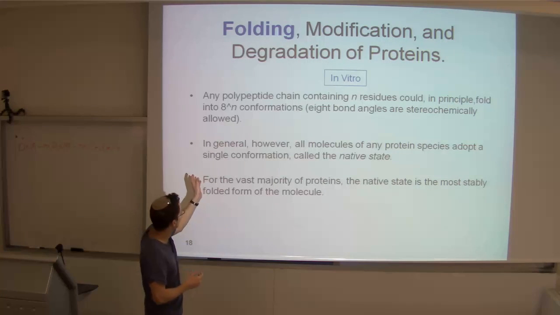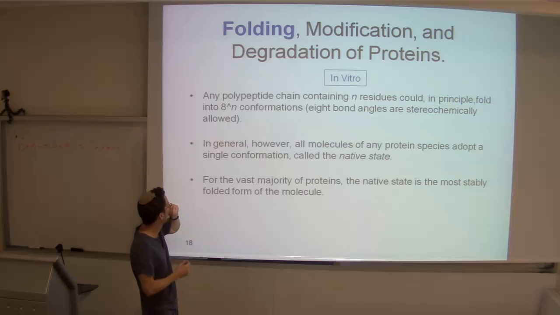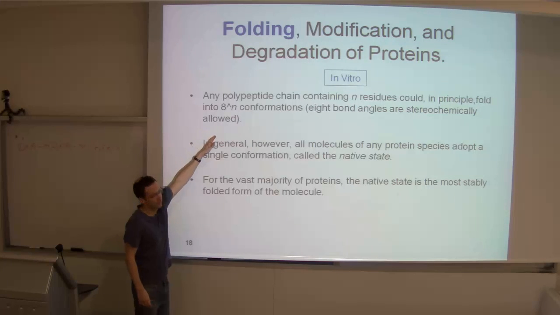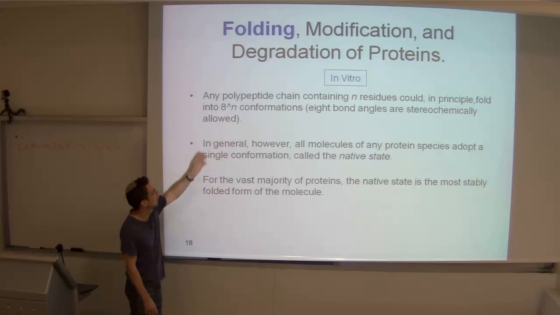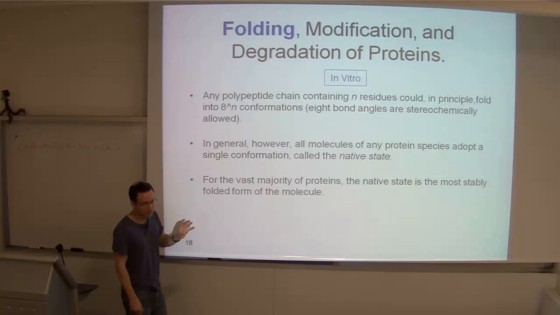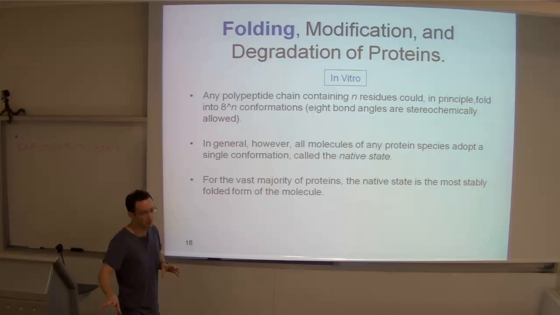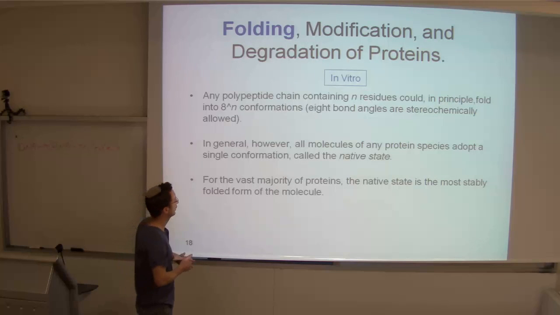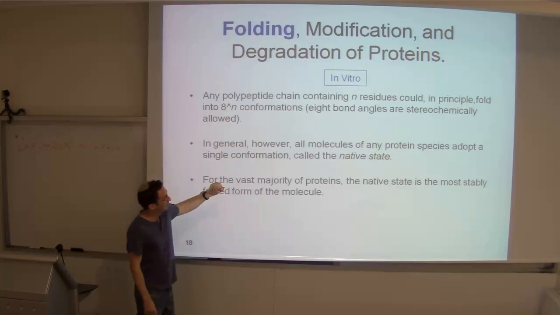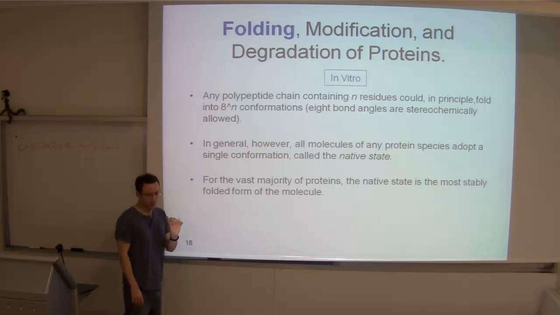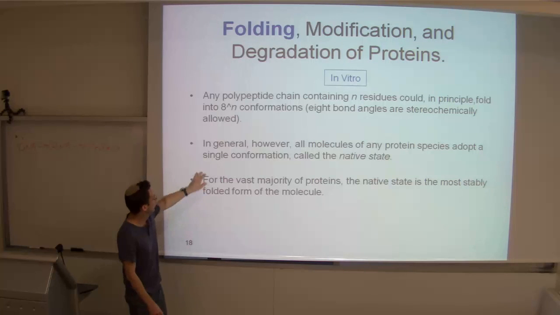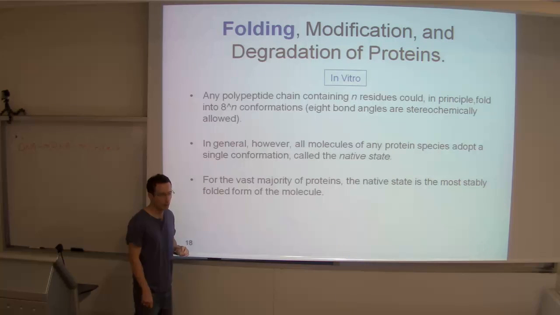So with a relatively short polypeptide, you reach an enormous number of possible conformations. But in general, even in vitro, excluding any factor that actively helps the folding of protein, all molecules of a protein species adopt a single conformation, which is called the native state.